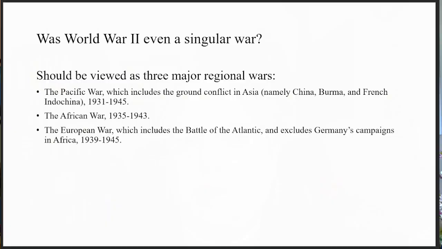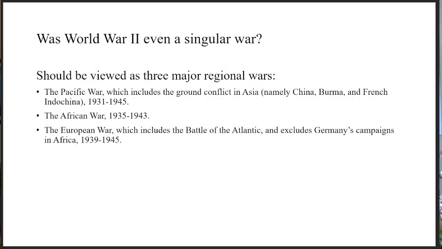Finally, and a concept that I've been thinking about for more than a decade, should the Second World War even be viewed as a single war? Well, based on my own research of this conflict, I have concluded that World War II is an easy way to group several unique continental, regional, and oceanic wars involving many overlapping belligerents together to study and to present to the public.